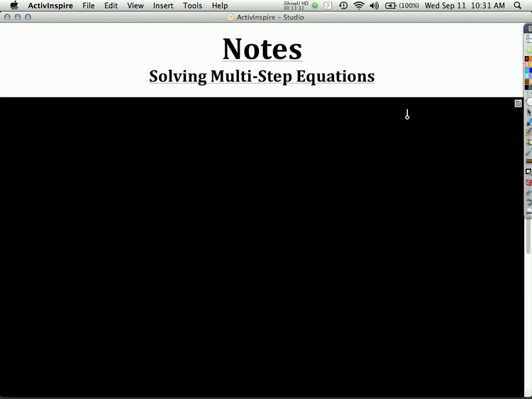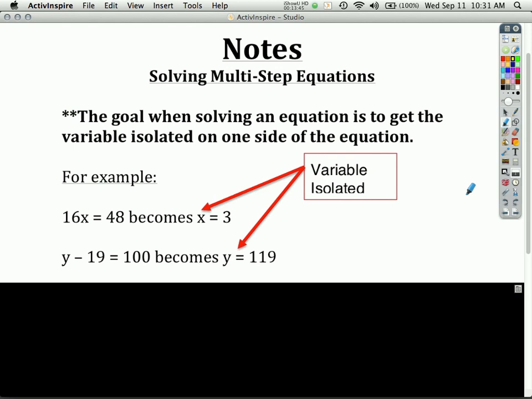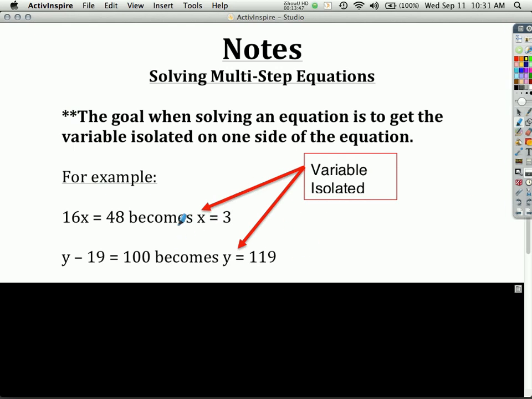So first, what is our goal? Our goal when solving an equation really is to get the variable isolated. We want the variable by itself. So I've drawn a little example here. Our goal is to get this, the variable by itself. That means that there's no constants with it, and there's just one of them, right? It's not x plus x, it's just one x.